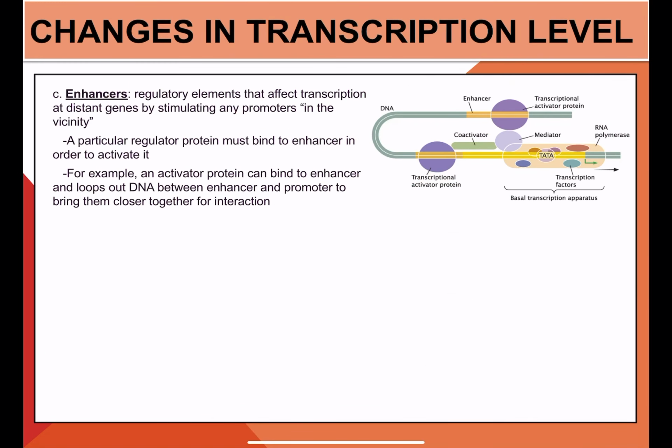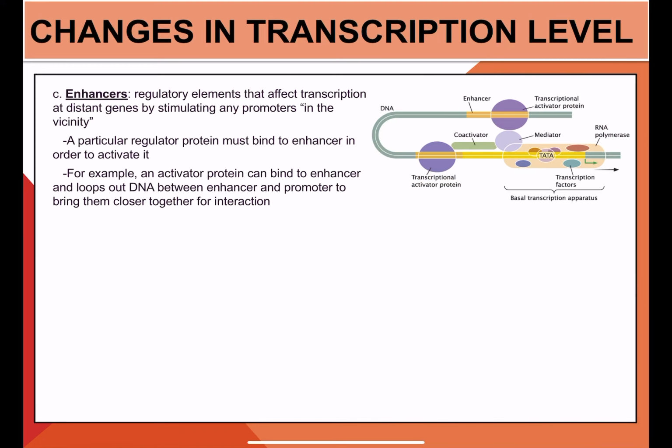So here comes the enhancer part. Enhancers, like I was saying, are not proteins. They are regulatory elements, not regulatory genes. They don't encode anything and they don't get transcribed.